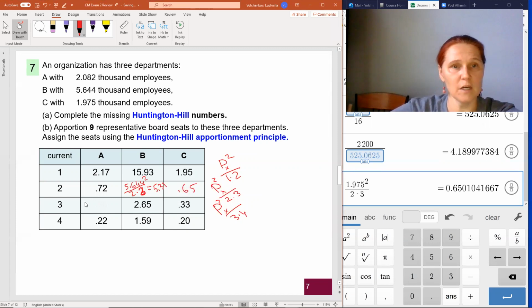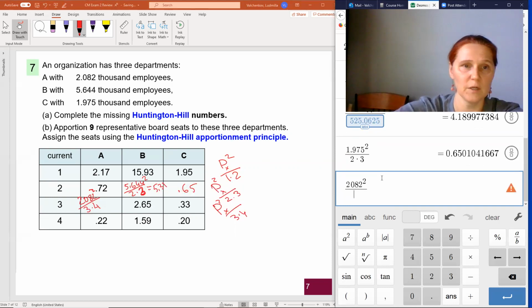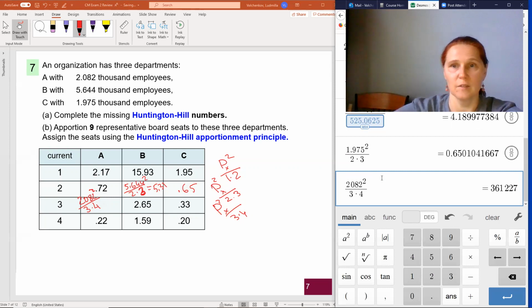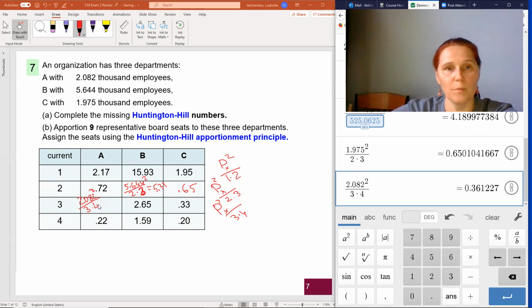And in the third line, we have the population of A, 2.082 squared, divided by current number, 3, and future number, 4. So, and here was the dot.